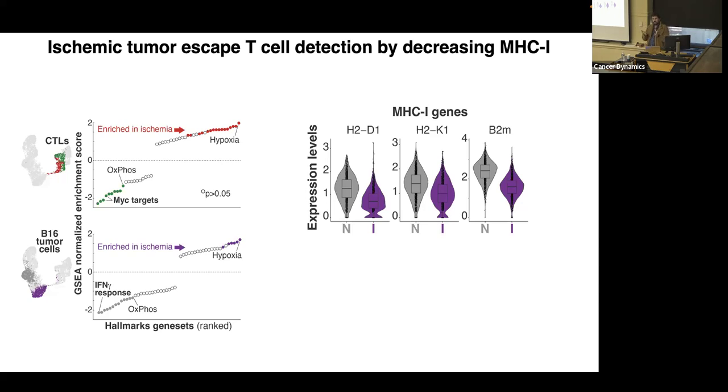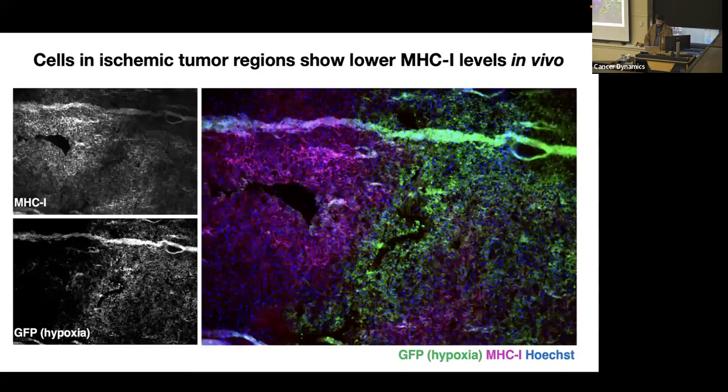It recognizes it in this specific protein that presents the antigen. So tumor cells that do not have MHC1 could be right next to the T cell and have the antigen, but the T cell that recognizes that antigen will not see it because it's not presented in MHC1. So that was very interesting for us.